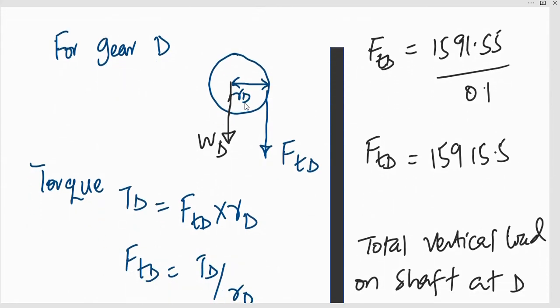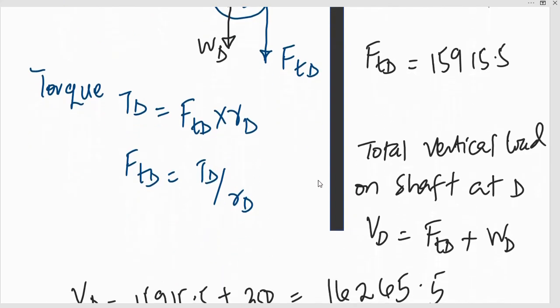We go and consider the equilibrium of gear D. Also, gear D has a component of the normal force called the tangential force that is responsible for torque transmission and is called FTD. So we can also define the torque for gear D, which will be FTD times RD, because we know torque is a turning moment, and therefore it is always equal to the product of force times the perpendicular distance from the turning point to the line of action of the force.